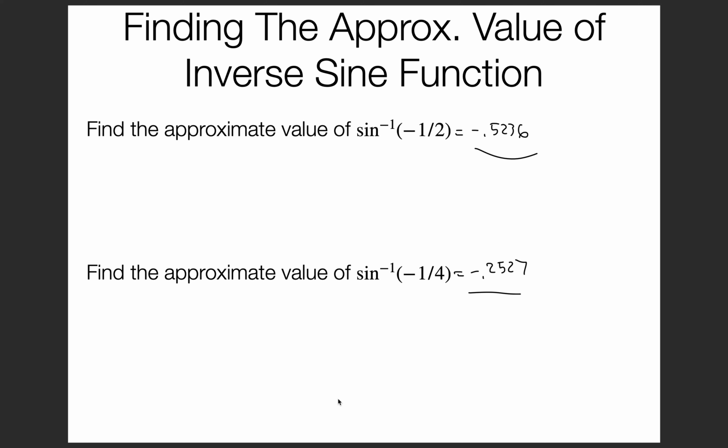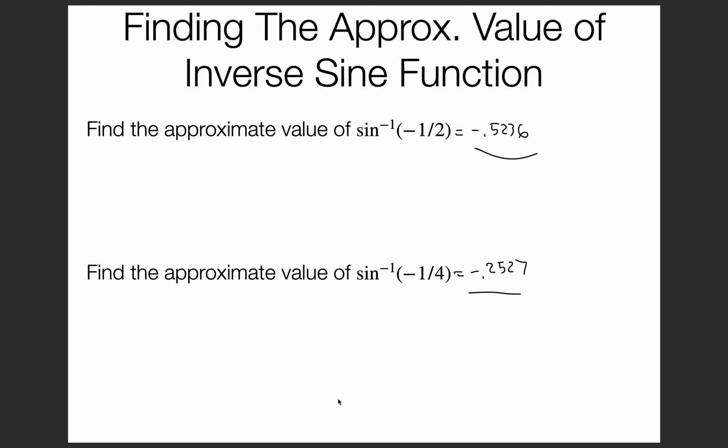The sine inverse button, on the TI-83, 84 type calculators, is right above the sine button. So you do second sine, that gives you sine inverse, then you substitute in the number, click enter, and it should give you a number.